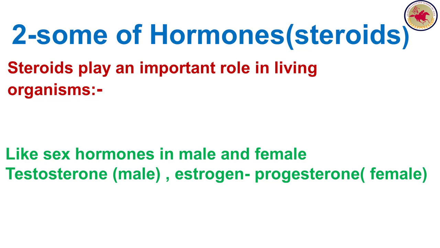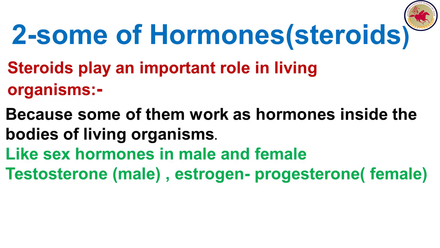Steroids play an important role in living organisms because all hormones play an important role in organization of all biological processes. From the types of steroids are sex hormones in male and female: male like testosterone, female like two types of hormones, estrogen and progesterone.